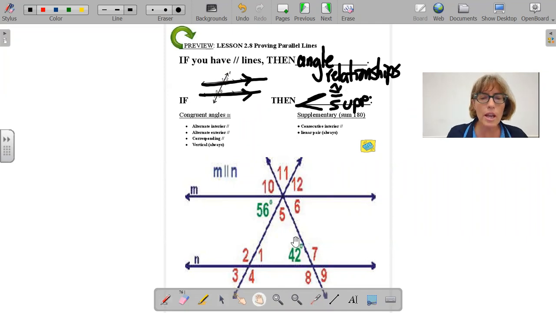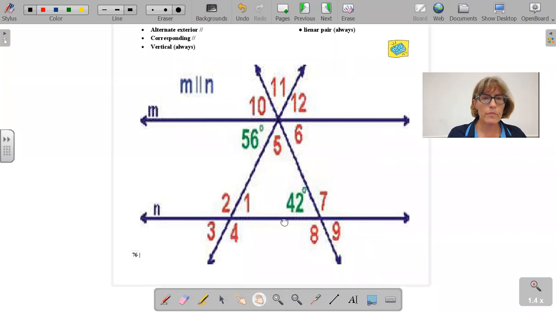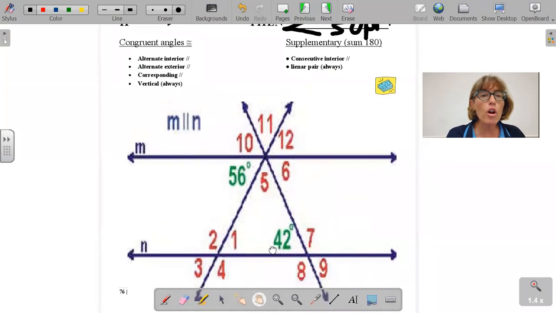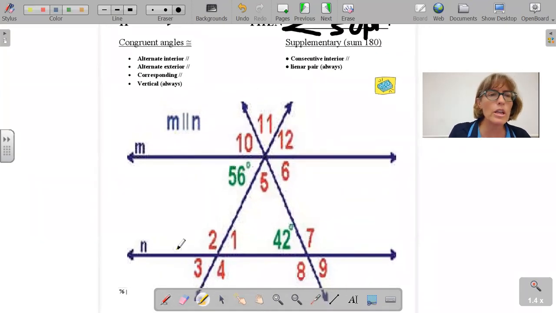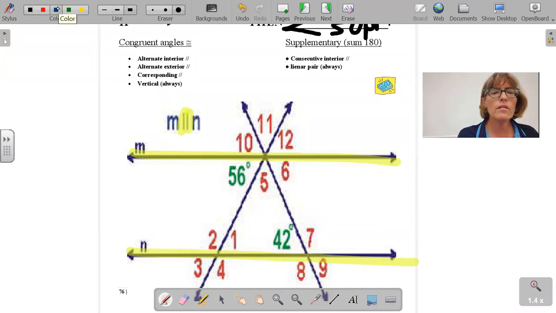So here's an example right here. Angles that are always congruent, so let's trace here. If these lines are parallel, which I tell you they are, then these angles are going to be congruent. Alternate interior angles, an example of that would be these guys.